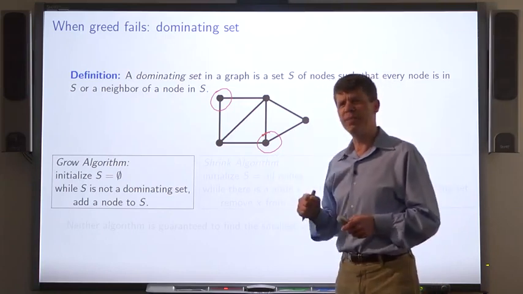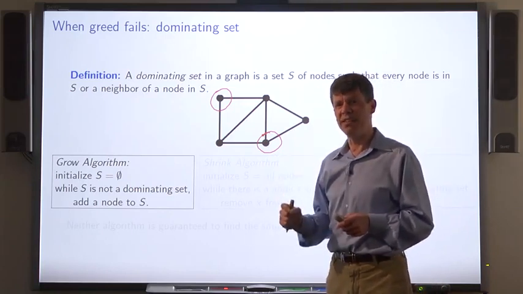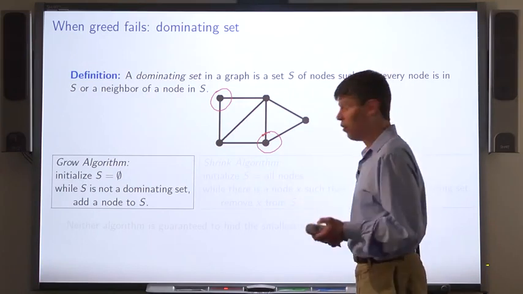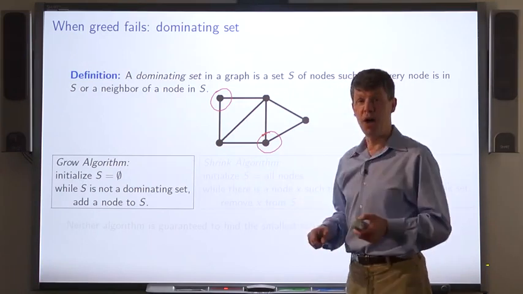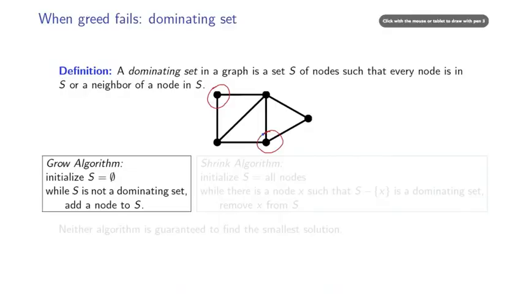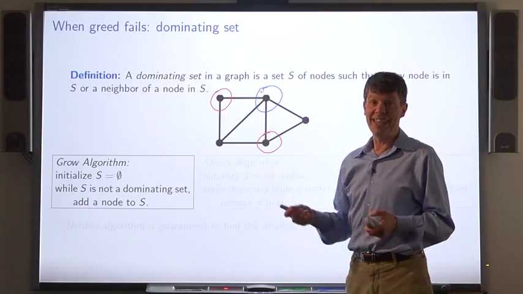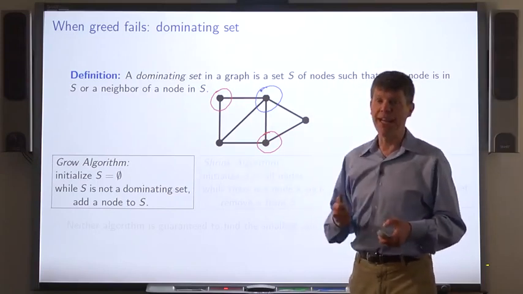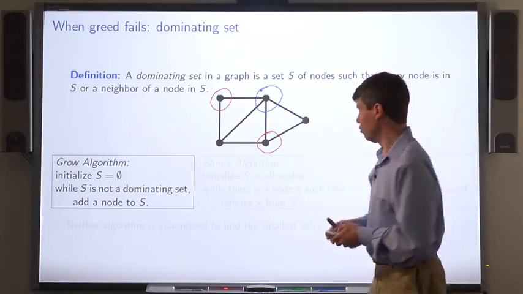But did this algorithm give us a minimum size dominating set? It turns out that no, we could have gotten a much smaller dominating set consisting, say, just of this node. So in this case, this greedy algorithm, the GROW algorithm, came up with the wrong answer. It didn't come up with the smallest solution.